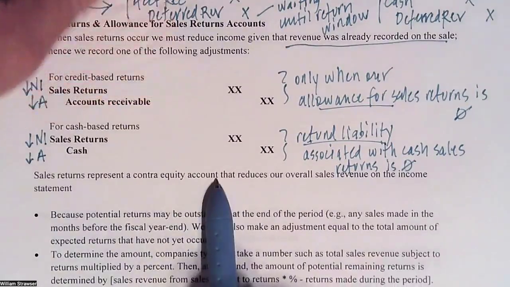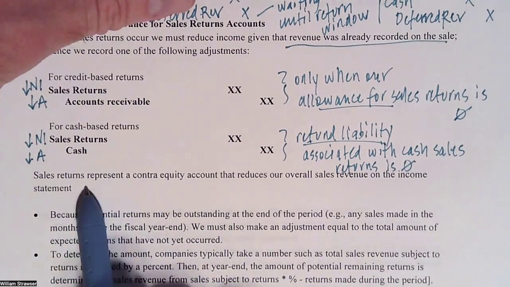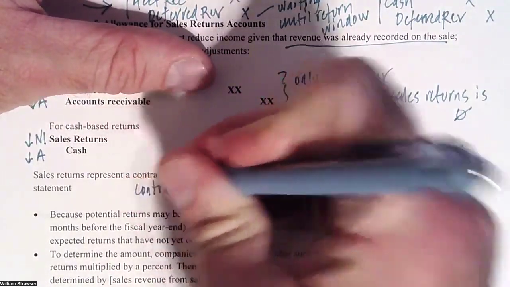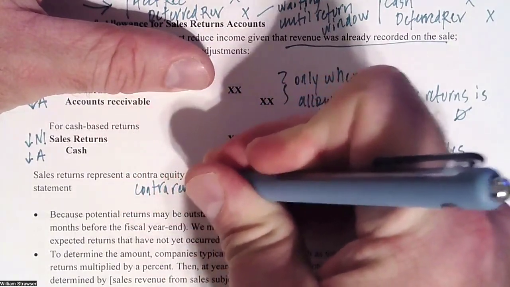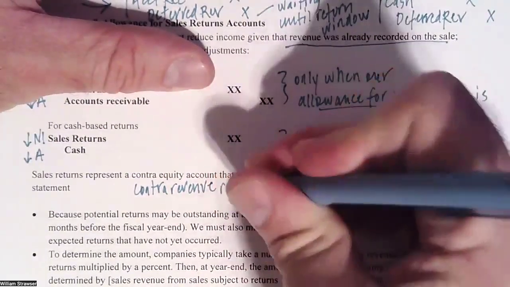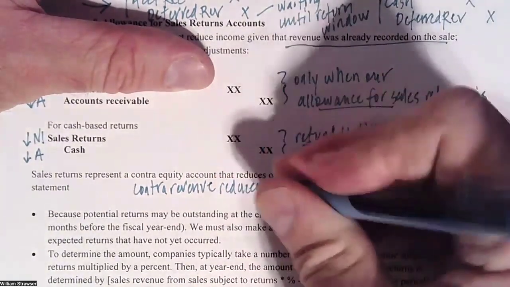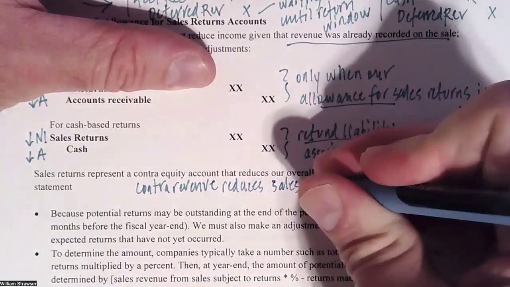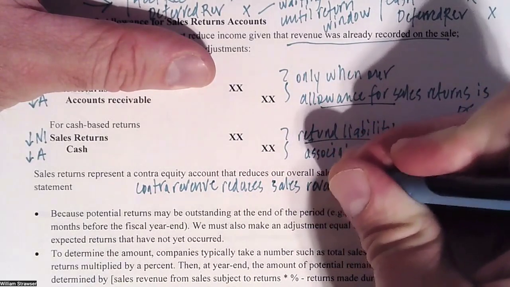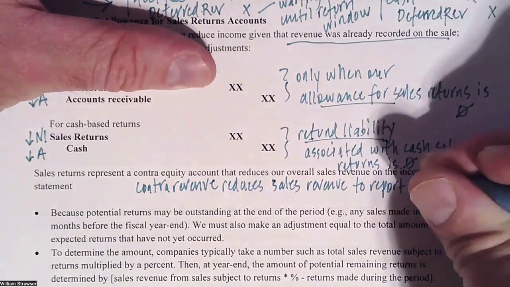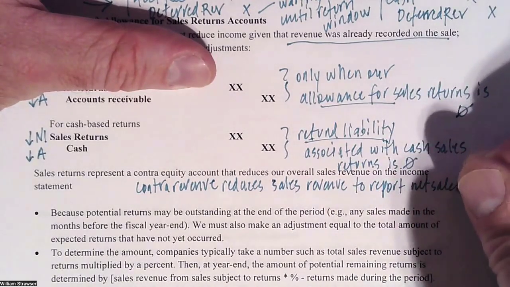So sales returns is a new account, right? It is a contra equity account, but more closely tied to our sales revenue. So it's a contra revenue account, and it reduces sales revenue to report net sales on the income statement.